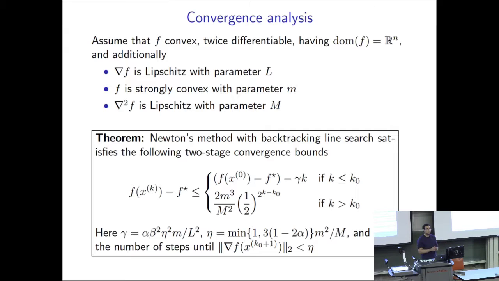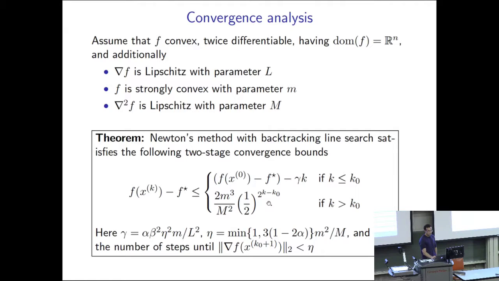After k0, we enter a second phase of convergence for Newton's method, where backtracking would always quit at the very first iteration. So it's always going to choose a step size equal to 1. It's happy with that. It meets the backtracking exit criterion. And in that phase, Newton's method is rapidly convergent, and it has this convergence rate that I wrote down for you. Okay, so after that iteration number, it converges like 1/2 to the power of 2 to the power of k.